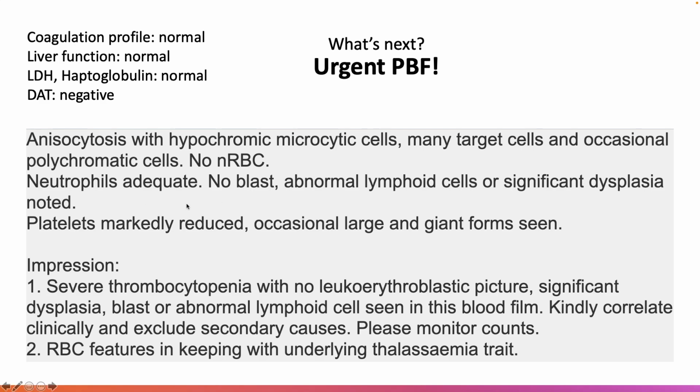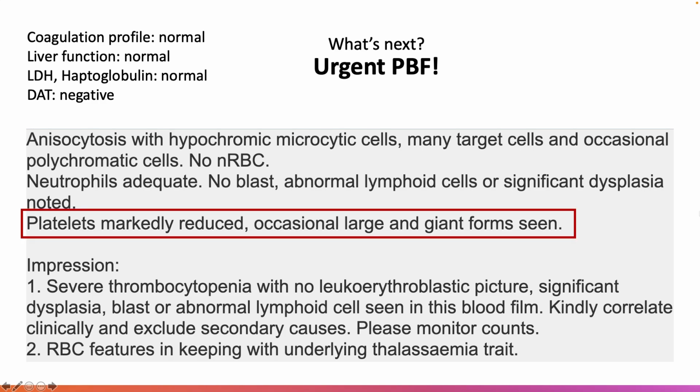You can see that this is the PBF and it shows no blast, no abnormal lymphoid cell or dysplasia. The platelet is very reduced. However, there are occasional large and giant forms seen, which tells you that the marrow is functioning and trying to compensate. You can see a giant immature platelet under the peripheral film.